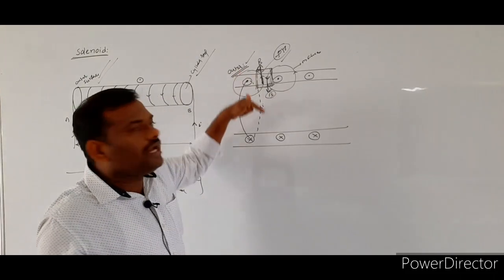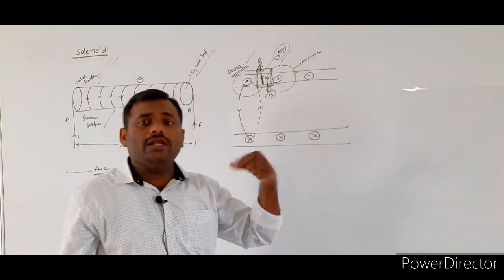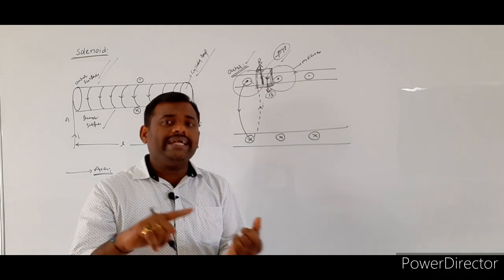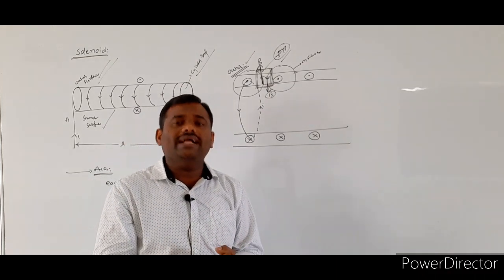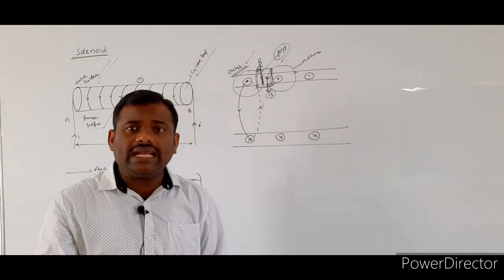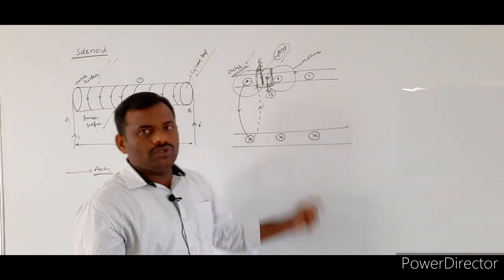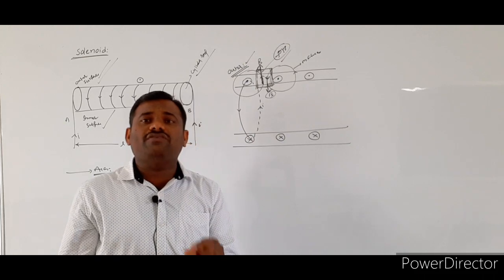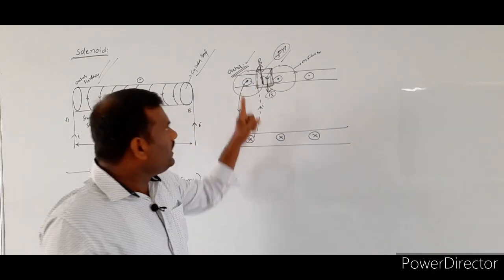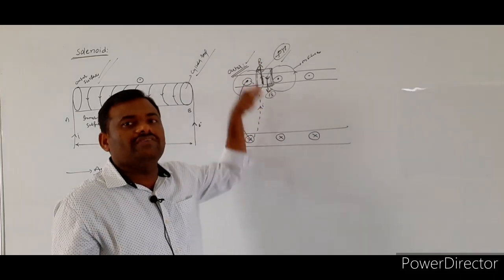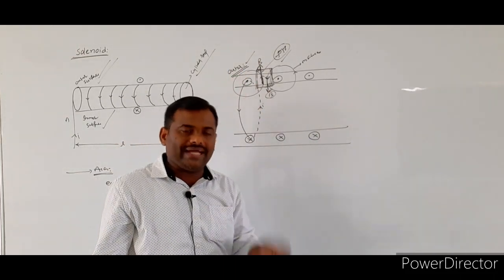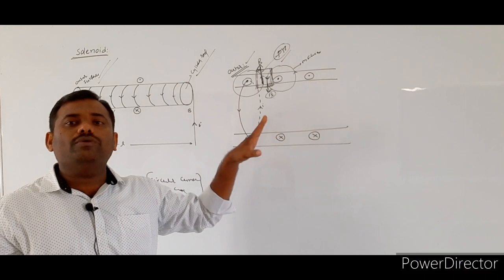Why? All the loops are identical loops. Identical loops means their radius is the same and the current is also the same, so each and every loop produces the same amount of magnetic field intensity. In the neighboring loops, they have the same magnetic field intensities, but they act in the opposite direction.